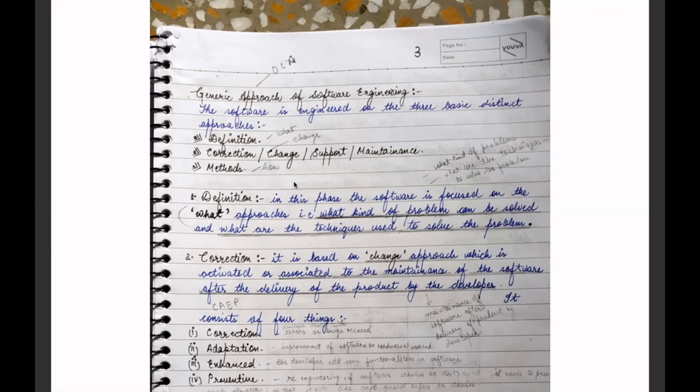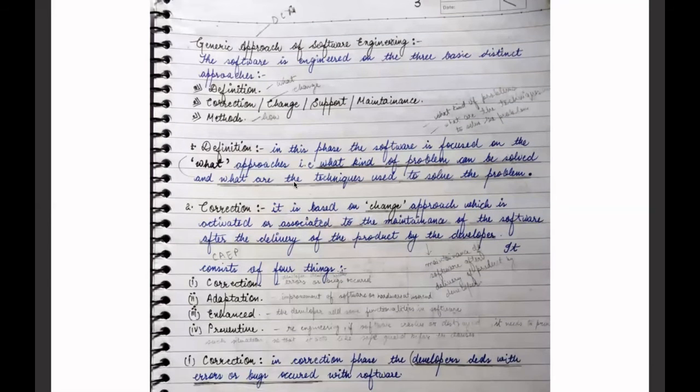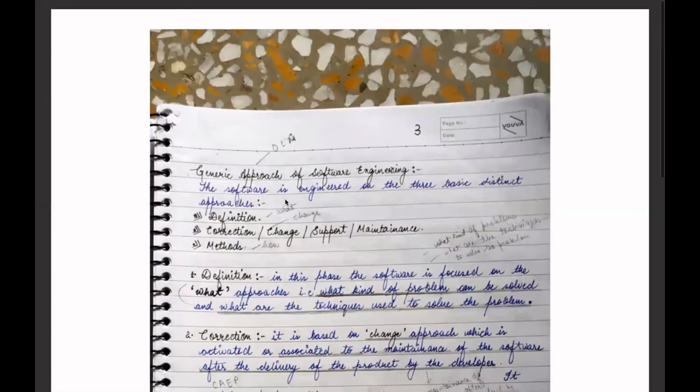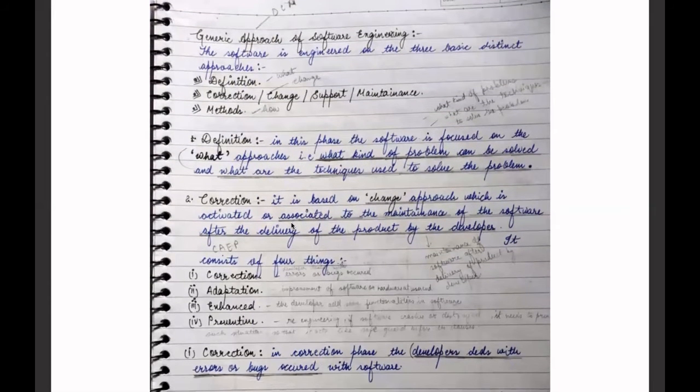First, I discussed the layered approach, and now I am explaining the generic approach. The generic approach concerns three generic views, which I explained. Definition phase: it is the base. The expert gets the knowledge about what information is needed for processing.